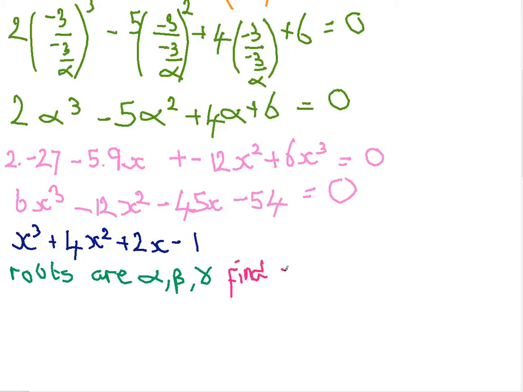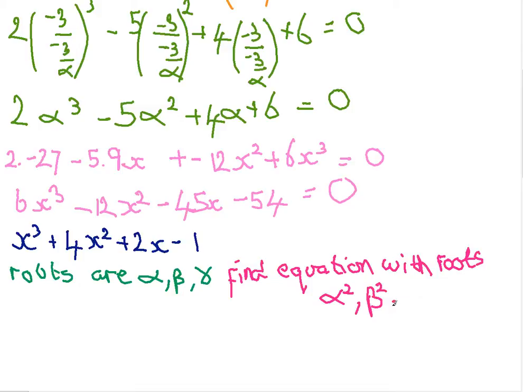Find the equation with roots alpha squared, beta squared, gamma squared.